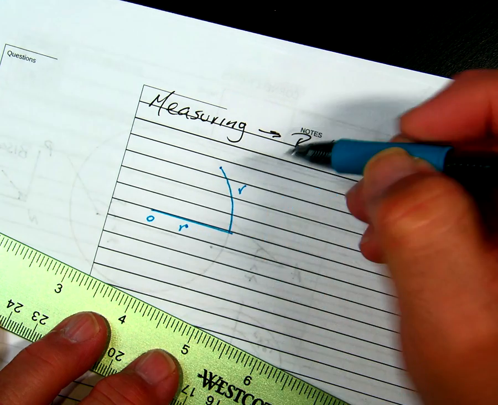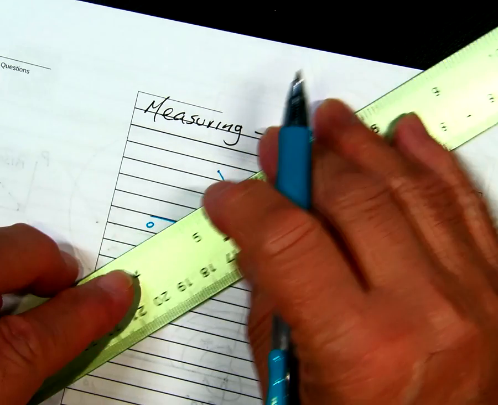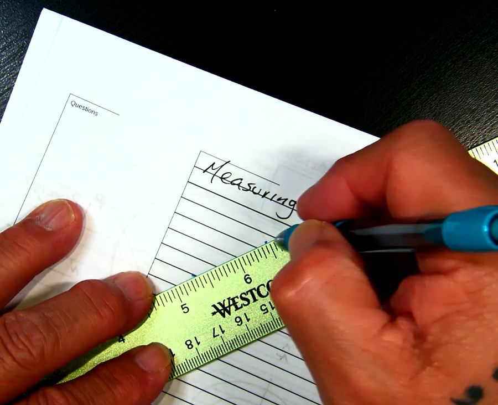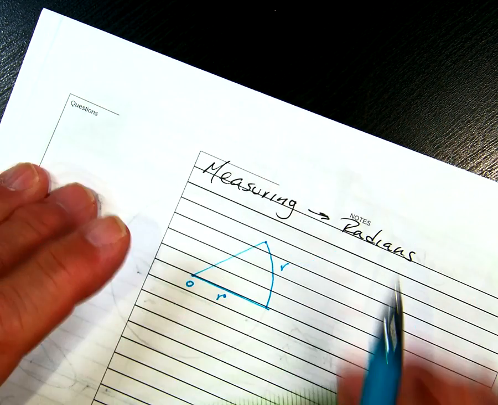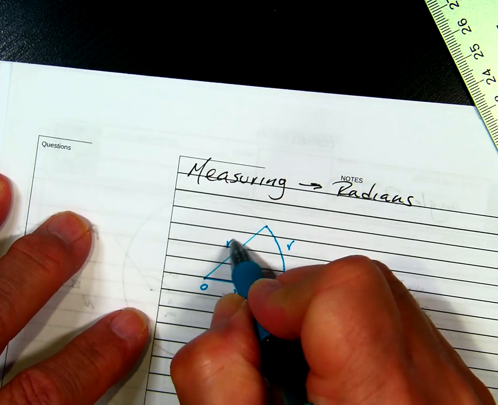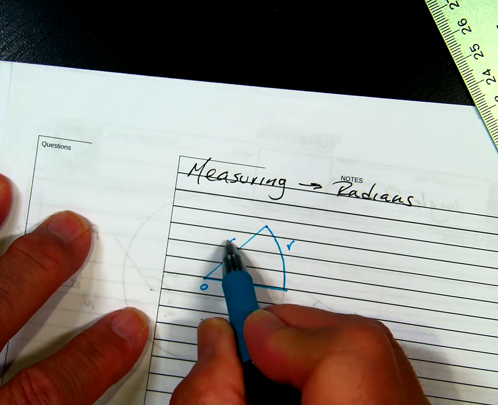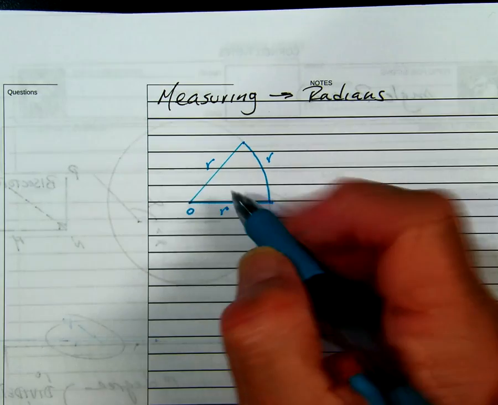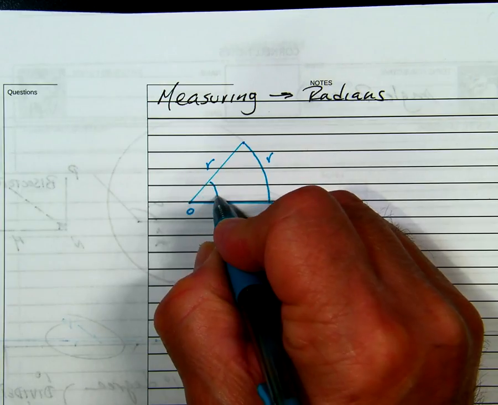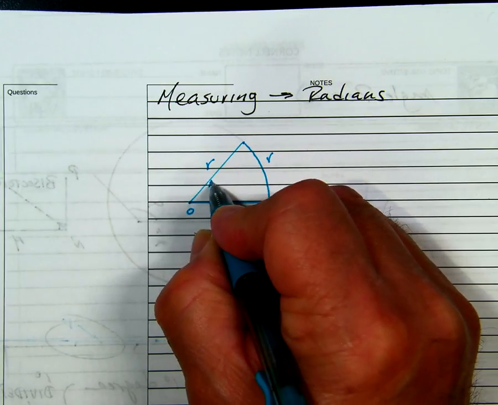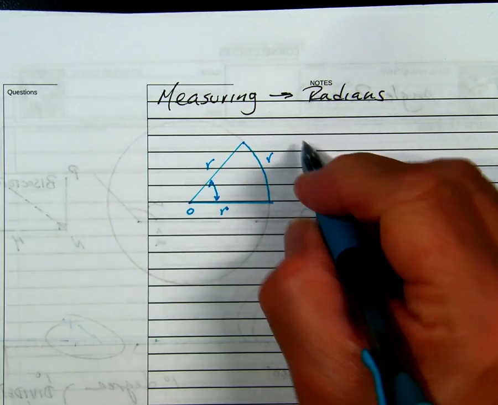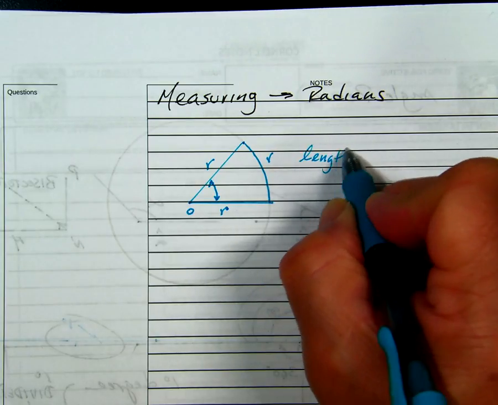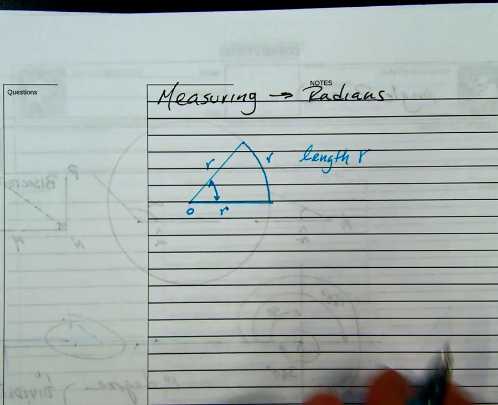If these two are the same, and of course the radius at the other end has to be exactly the same. So if you have this R, R, R exactly in the piece of pie, then that measures that angle. So this measurement is length R is in radians.